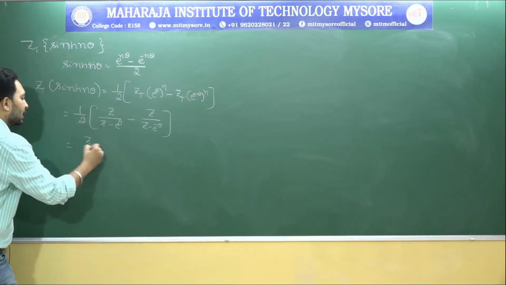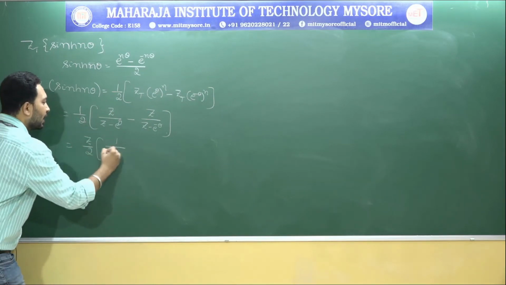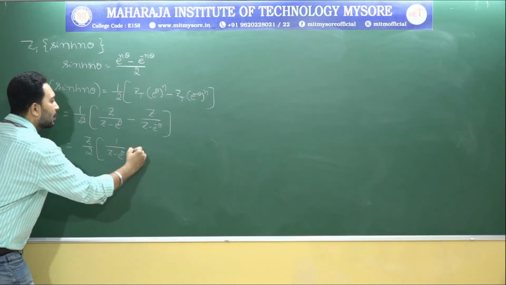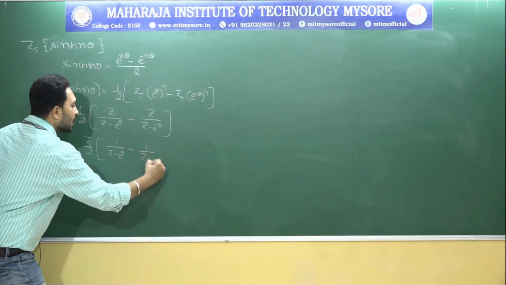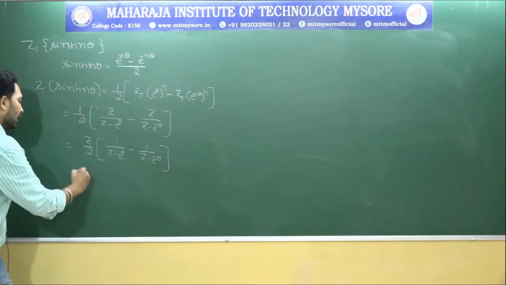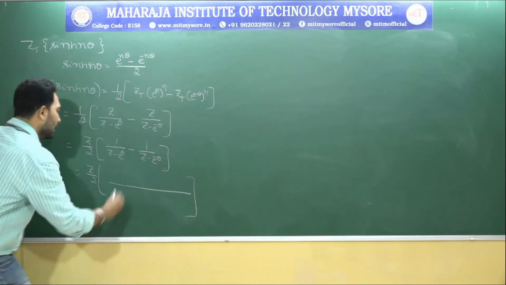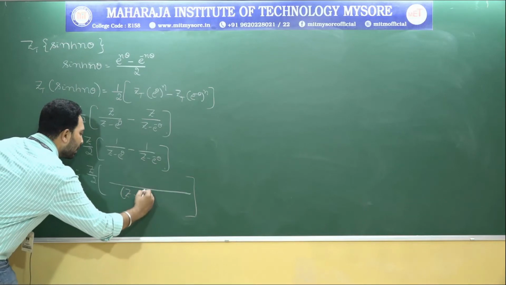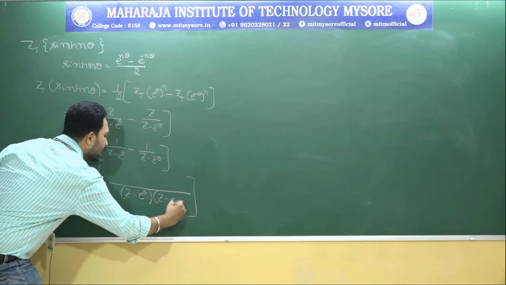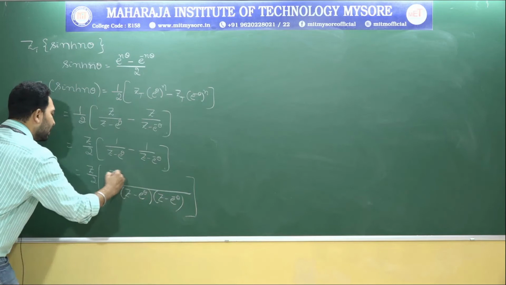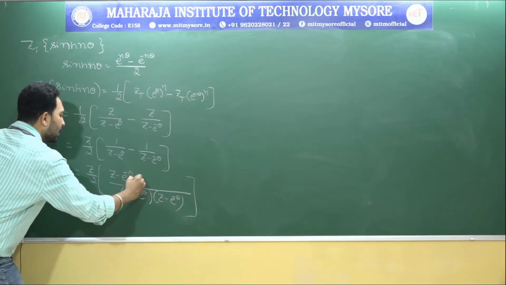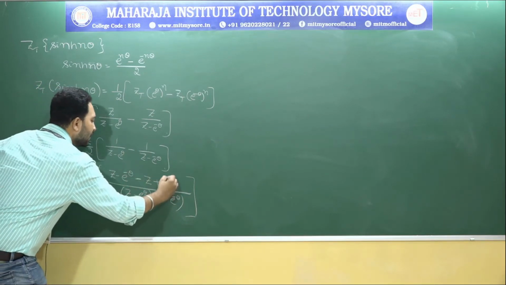So taking z outside, we get 1 divided by z minus e power theta minus 1 divided by z minus e power minus theta, z by 2 into. If I take LCM, we will get e power theta minus e power minus theta in the numerator, cross multiplying the denominator: z square minus z e power minus theta minus z e power theta plus 1.